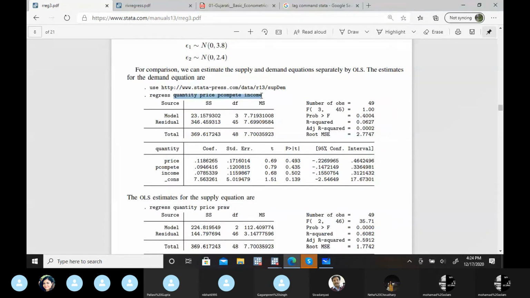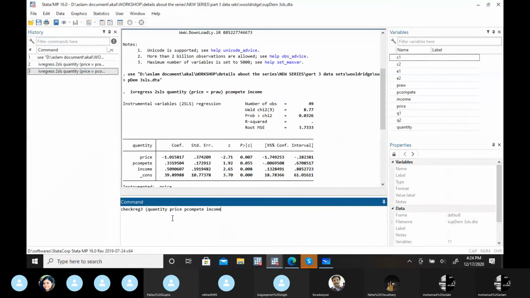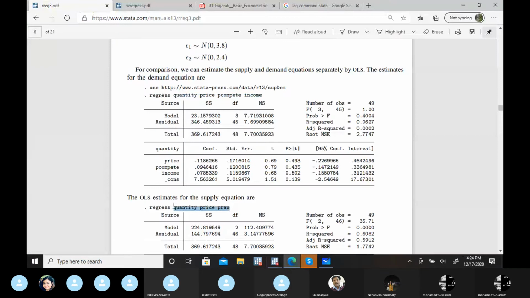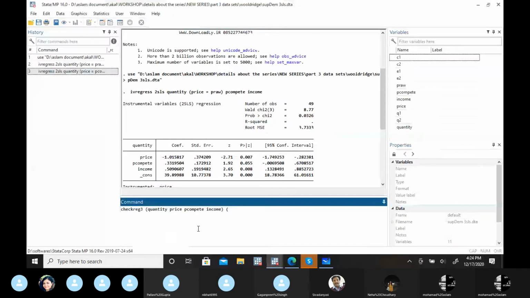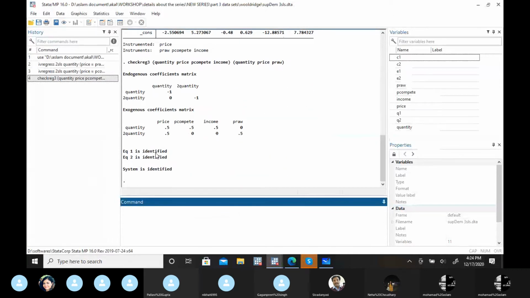Quantity, demand function, then supply function. Yes, both the equations are identified. Even if it's over-identified, Stata will tell you identified. I mean, at least 2SLS and all these methods are applicable.